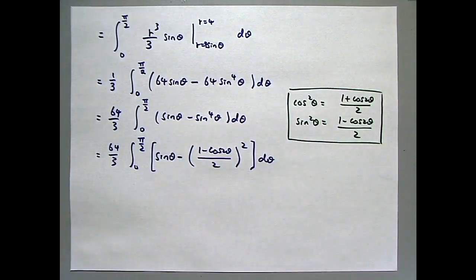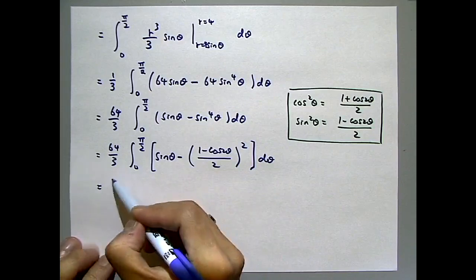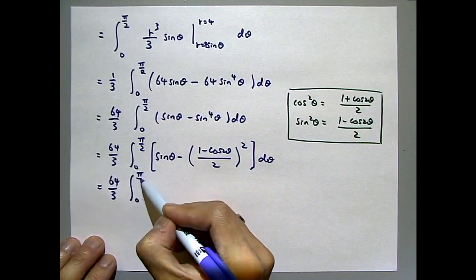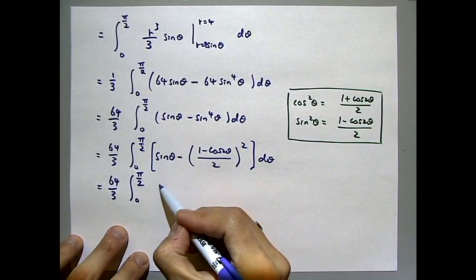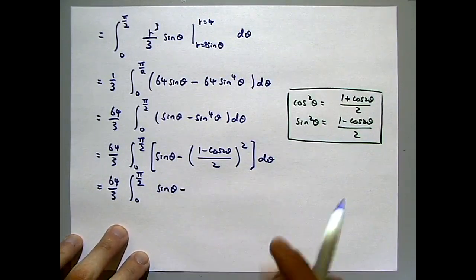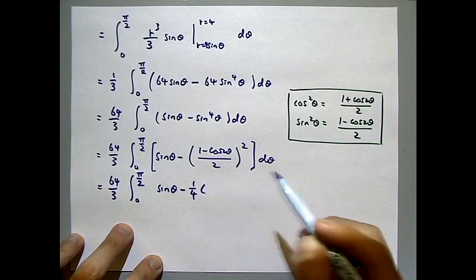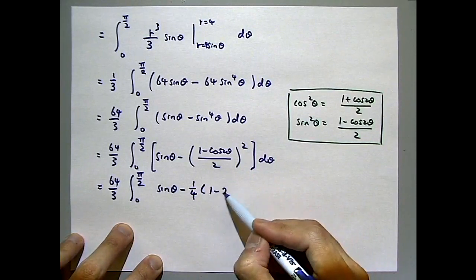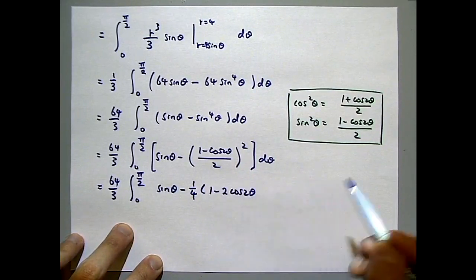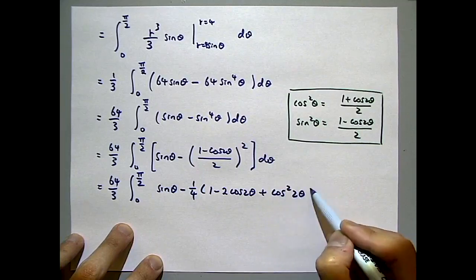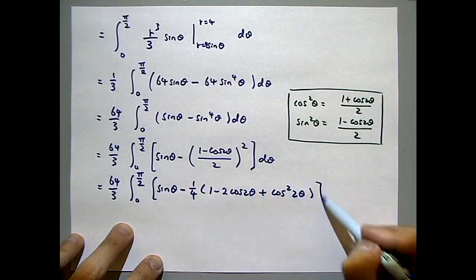Right? All right, keep going. Here we have sine theta minus 1 over 4, that's 1/2 squared, times the quantity of 1 minus 2 cosine of 2 theta plus cosine squared 2 theta d theta.